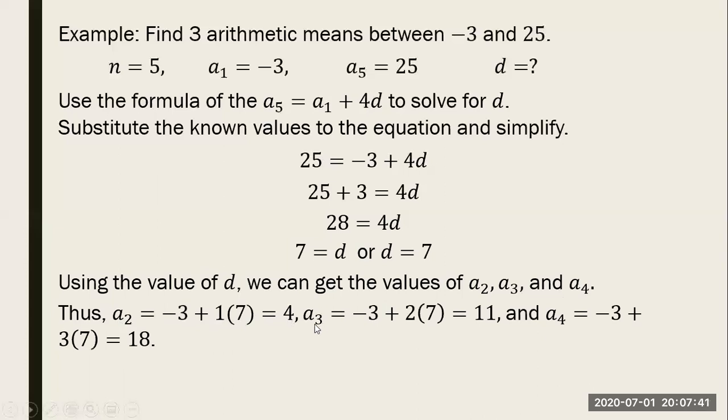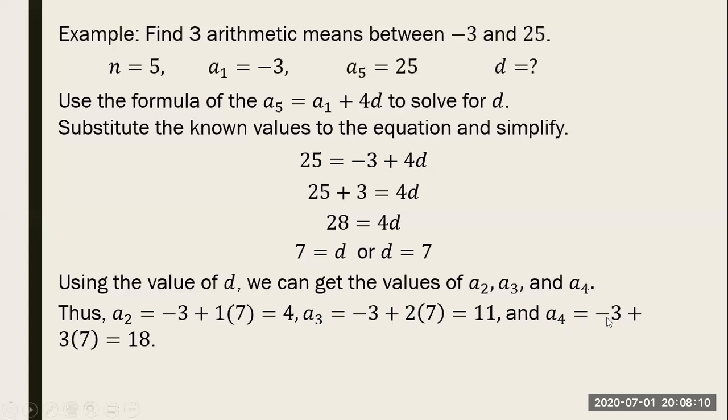For third term, so a sub 3 is equal to negative 3, kasi ito yung first term natin, negative 3, plus 2, ito dito kasi mag-minus 1 tayo palagi sa coefficient ng ating d. So 3 naman ang ating n, so minus 1, this will be the coefficient of our d. So 2 times 7 is 14 minus 3 is 11.